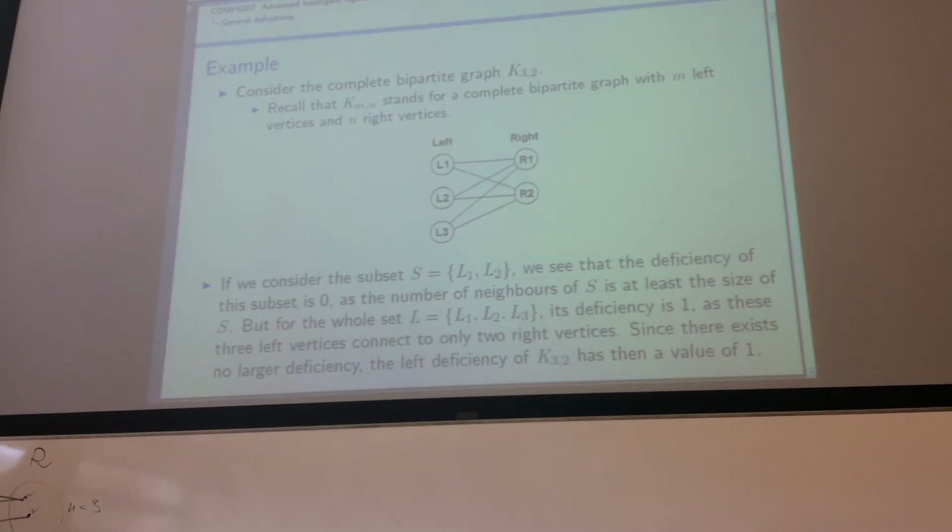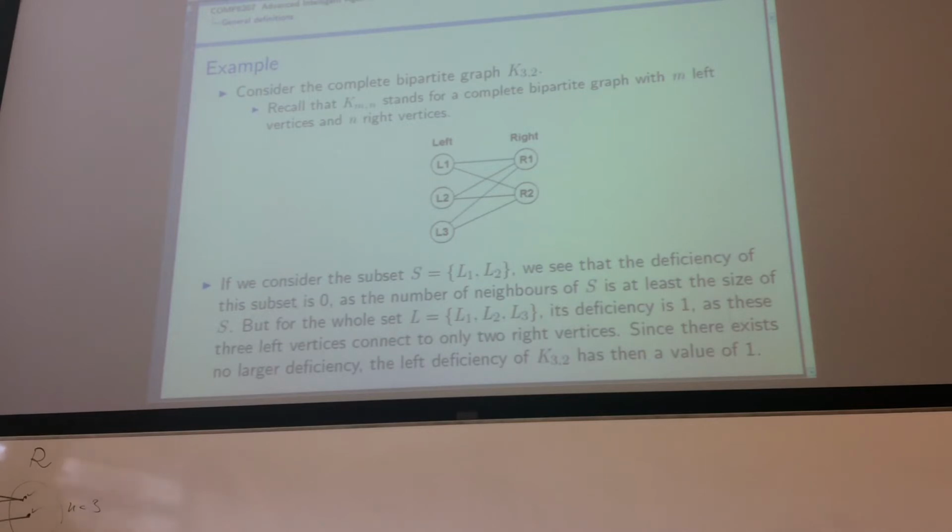It's a bipartite graph. So if we look now at the first two nodes, L1 and L2, on the left-hand side, let's find the deficiency of this subset. Right? So these are two nodes, and they are connected to all the nodes on the right-hand side.